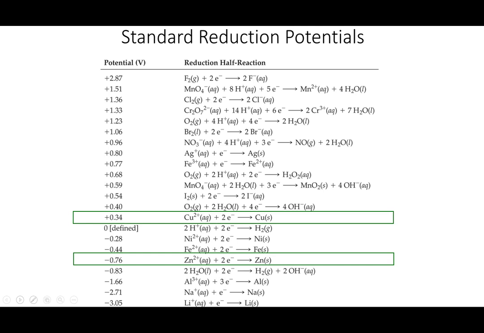So here's an example of a chart that shows us the standard reduction potentials for lots of different half reactions. I've highlighted 2 here because we're going to talk about that zinc copper voltaic cell. So I've highlighted the numbers that we're going to use for that zinc copper voltaic cell. Okay.